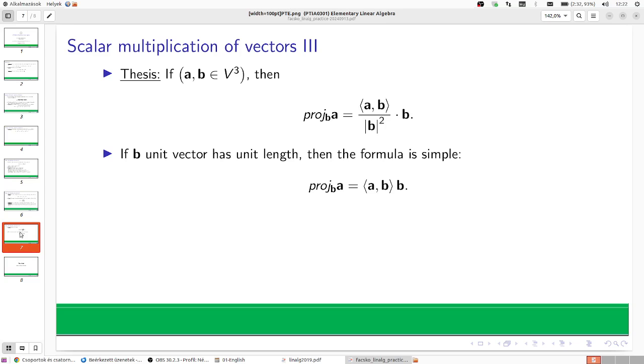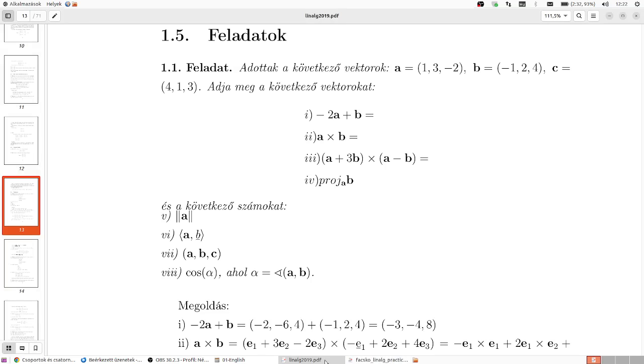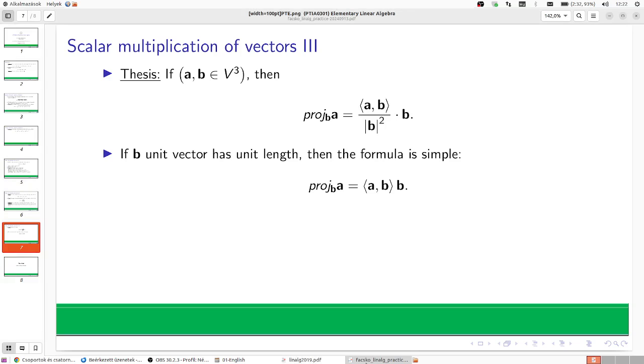Could you write it down? No? Yes. No? Okay. Great. So the task is not the formula that is written, but the opposite.